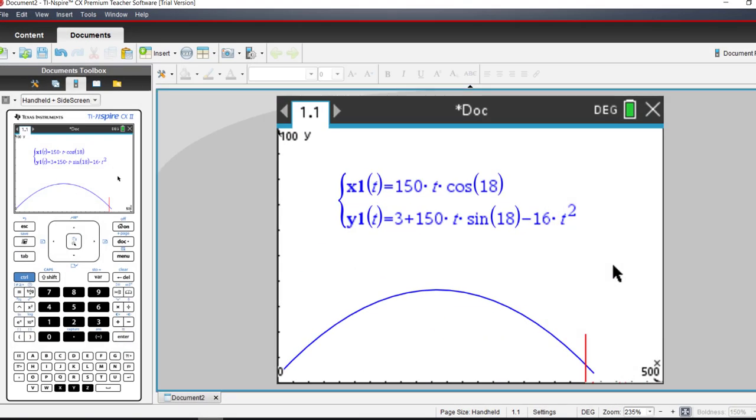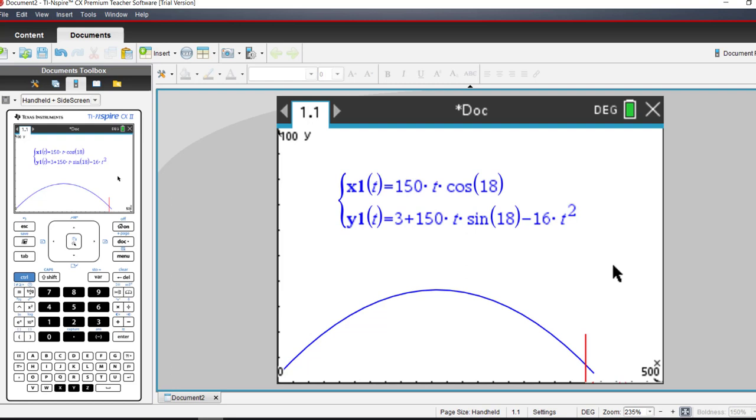And then in the Inspire, same thing. You want to make sure that you have your calculator in degrees. Now be very careful if you're using the scratch pad grapher, because that doesn't always change to degrees. It stays in radians, so you're going to get that weird curve. So I think it's always easier in the Inspire, especially if you're working with trig and you're using degrees, to use a graph page instead of using the scratch pad.